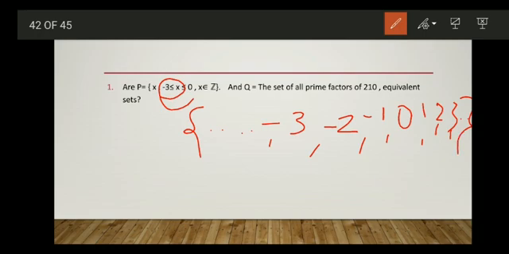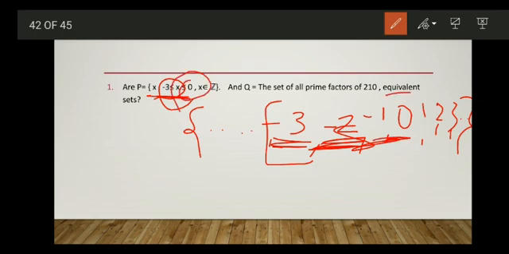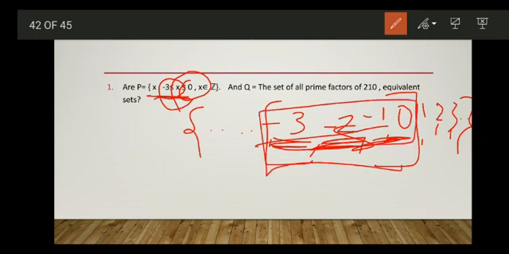Okay. So here what they are telling us, x is greater than or equal to minus 3. So if you take x, it will be equal to minus 3, greater than minus 3, that is minus 2, minus 1, and it will be less than or equal to 0. So we will be having these four numbers.